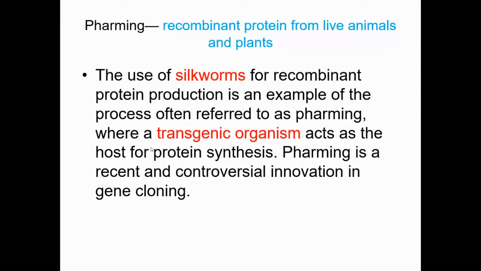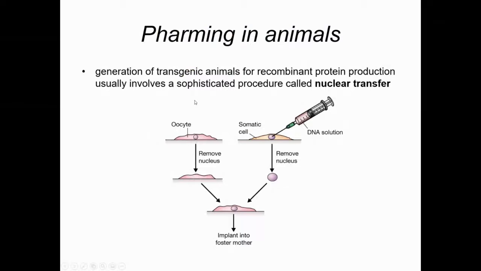And the farming, that's the recombinant protein from live animals and plants. So the use of silkworm for recombinant protein production is an example of the process referred to as farming, because you have a transgenic organism act as the host for protein synthesis. So that's the farming.